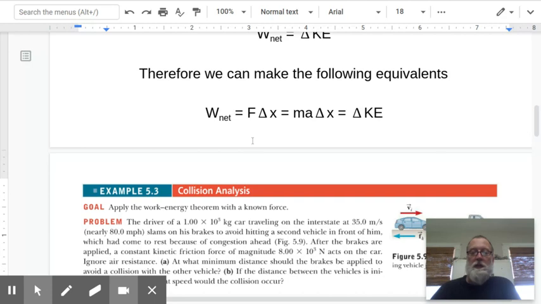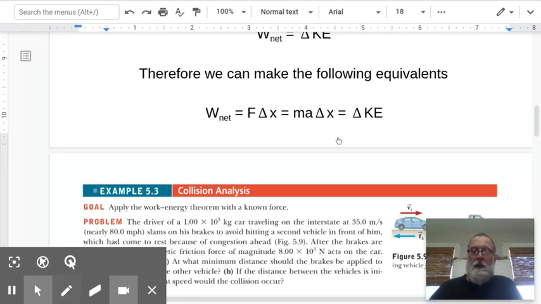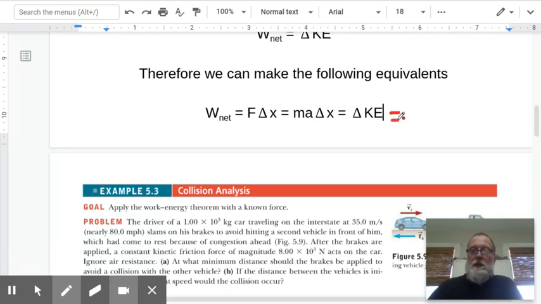And so the equation looks like this: work net equals F delta x equals m a x equals delta KE, and I should have written in here equals 1/2 m delta v squared. So we can now set any of these equal to each other in solving various problems involving objects changing speeds.